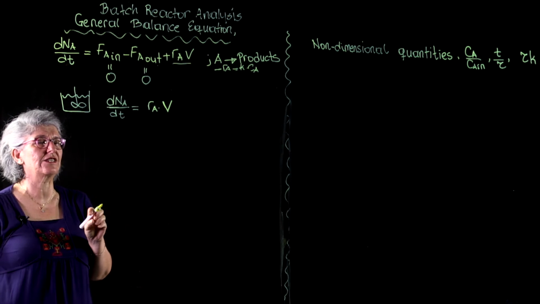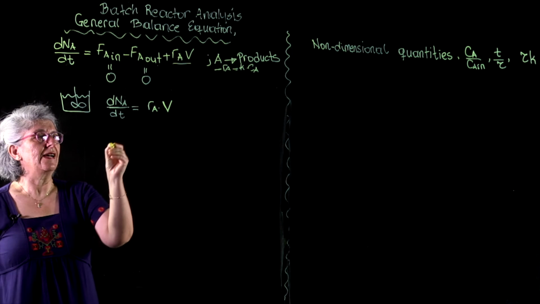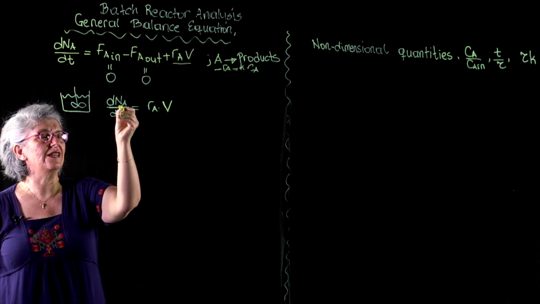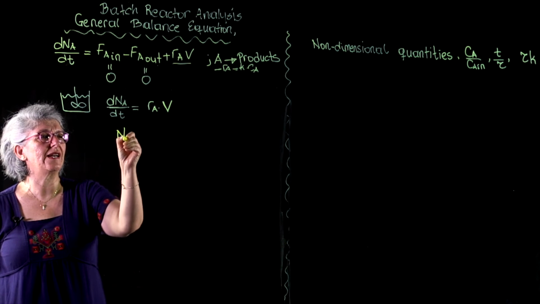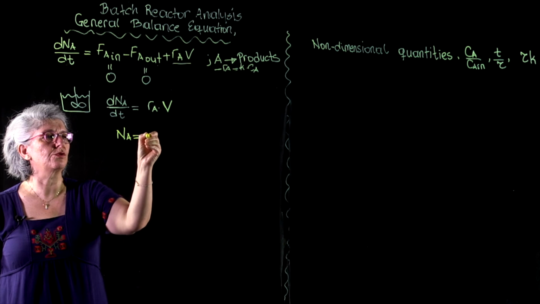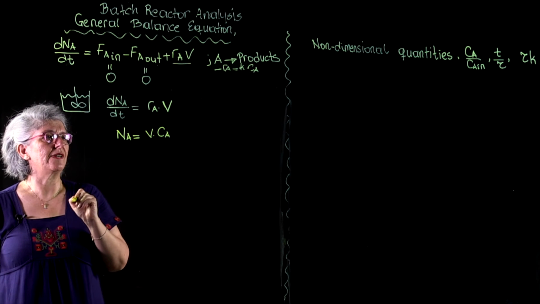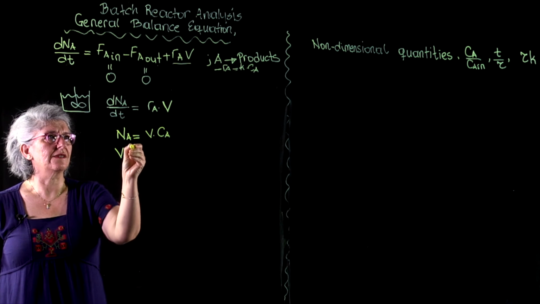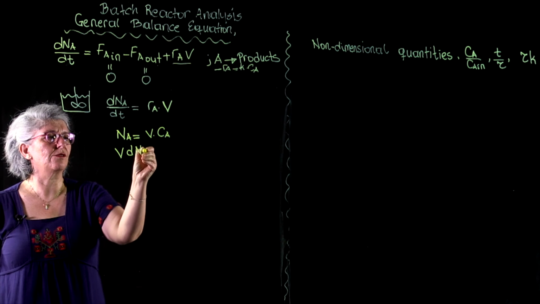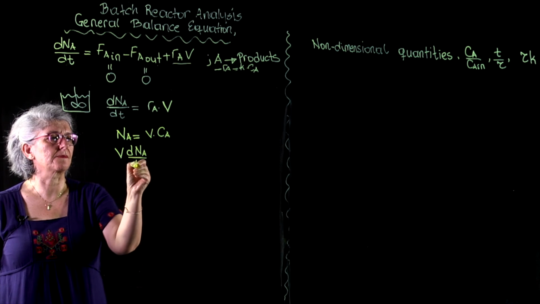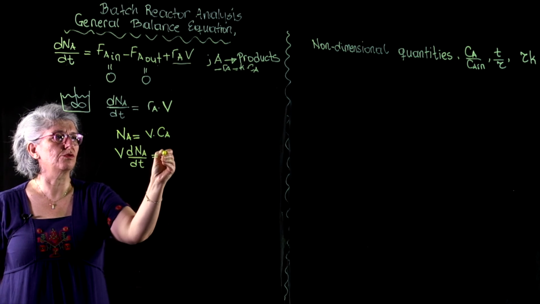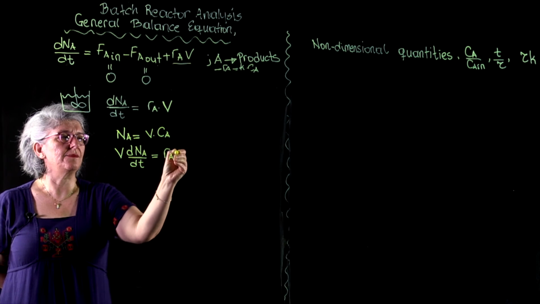The density doesn't change, volume doesn't change. And since volume doesn't change, our definition of Na, which is equal to V times Ca, simplifies to V times dNA over dt to be equal to Ra times V.